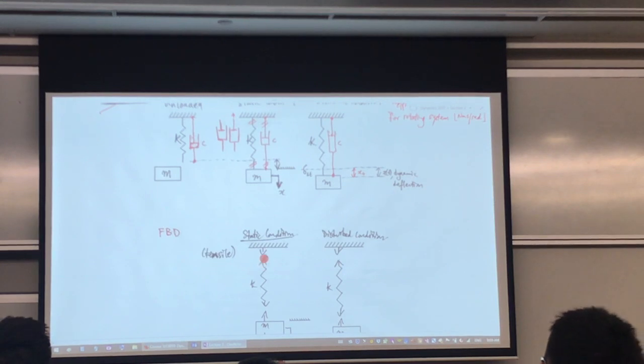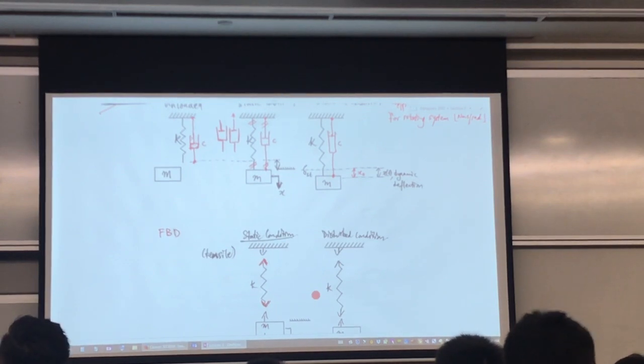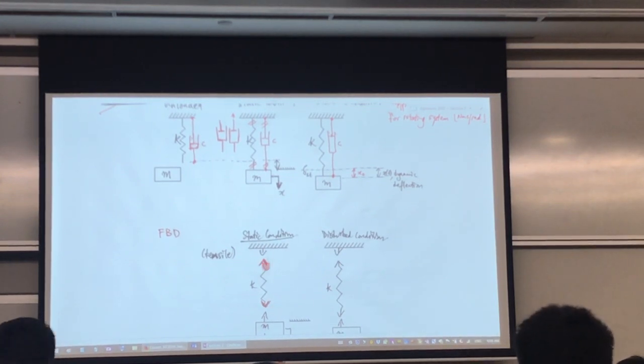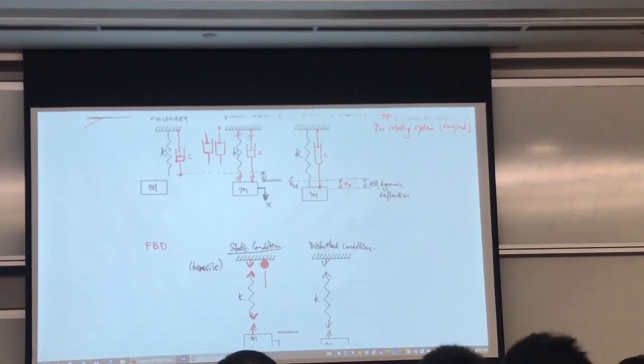So if it's under tension, then I sketch that way to show that the spring is under tension. We pull it, and there will be an equal and opposite force in that way. If I were to cut the damper, this is what's going to happen. So the damper will be cut in that way.